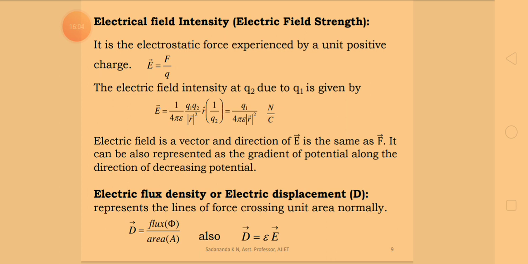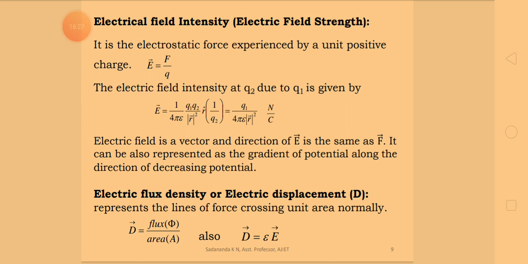That is the expression for electric intensity. The unit of electric intensity is Newton per Coulomb. Electric field is a vector entity, and the direction of the electric field is the same as the direction of the force.